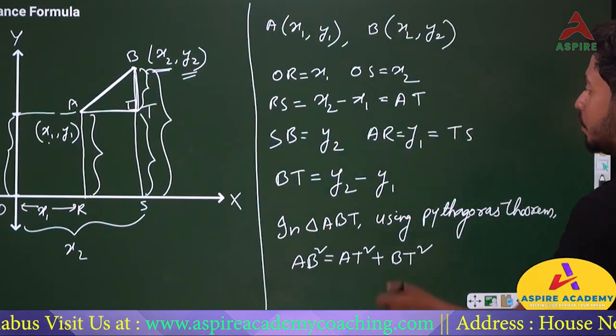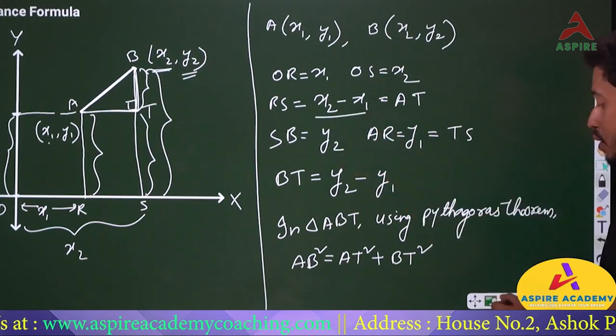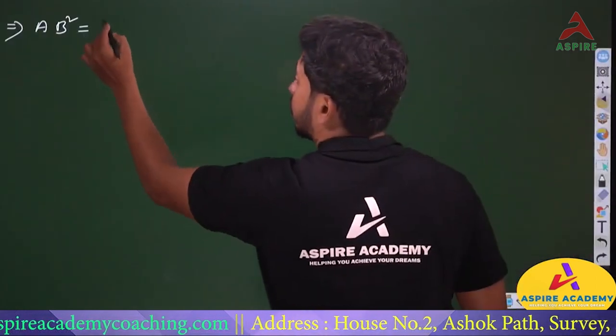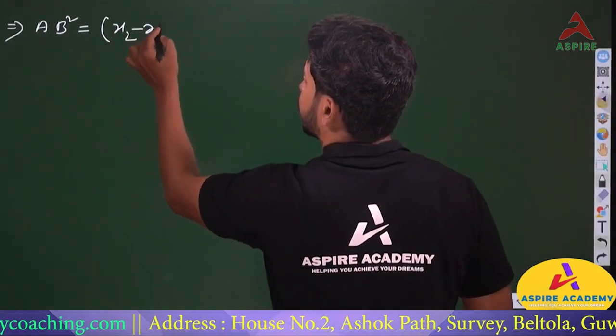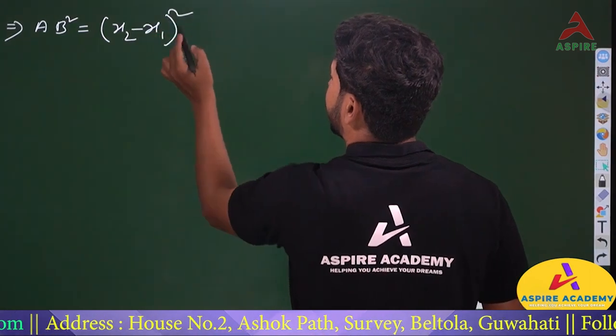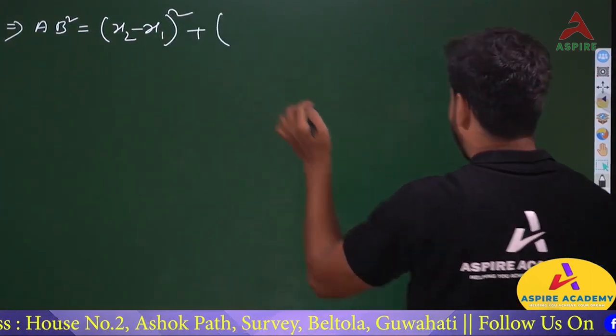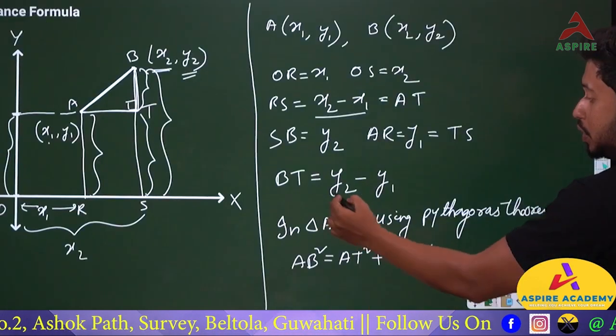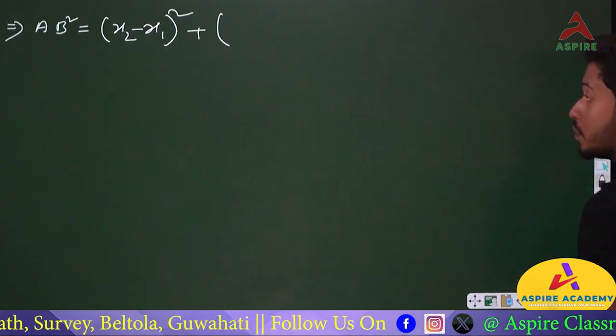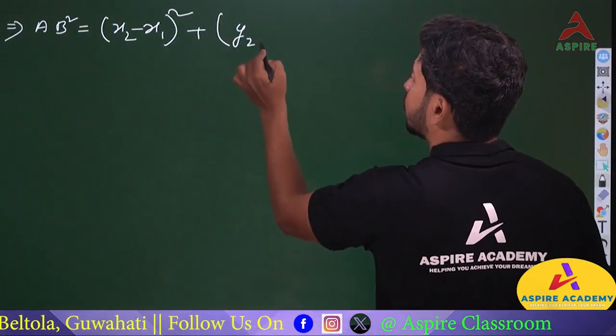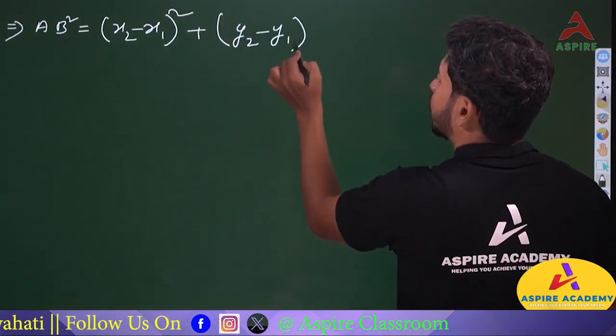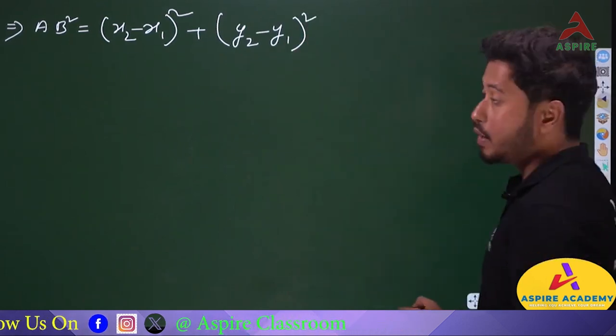So what is AT? AT is x2 minus x1. So we can say x2 minus x1 whole square plus, what is BT? BT is y2 minus y1, y2 minus y1 whole square, right?